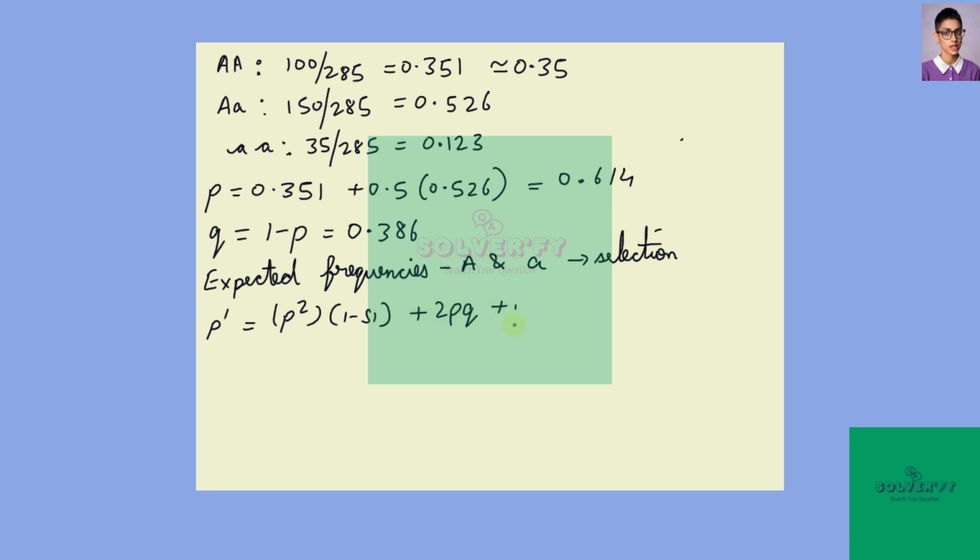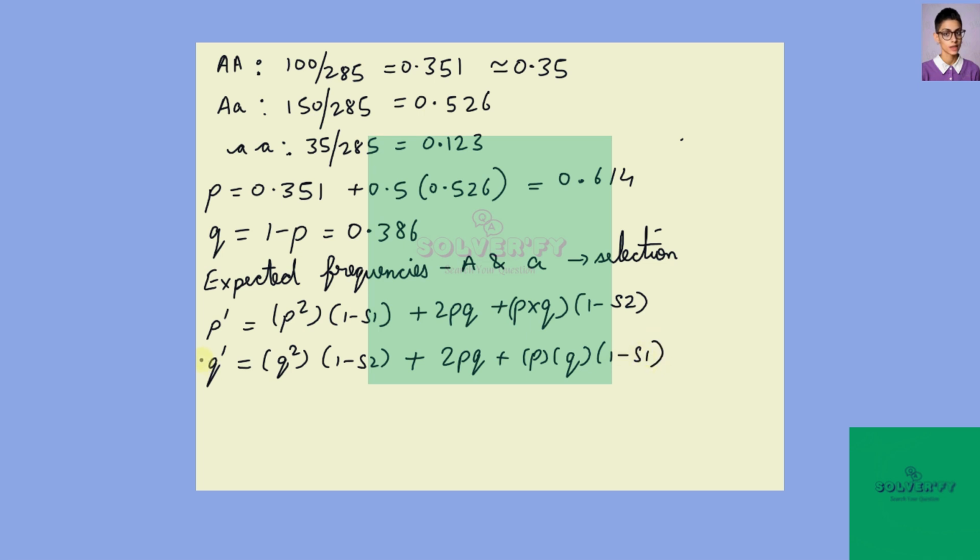For q dash, it will be equal to q square into 1 minus S2 plus 2pq plus pq into 1 minus S1.